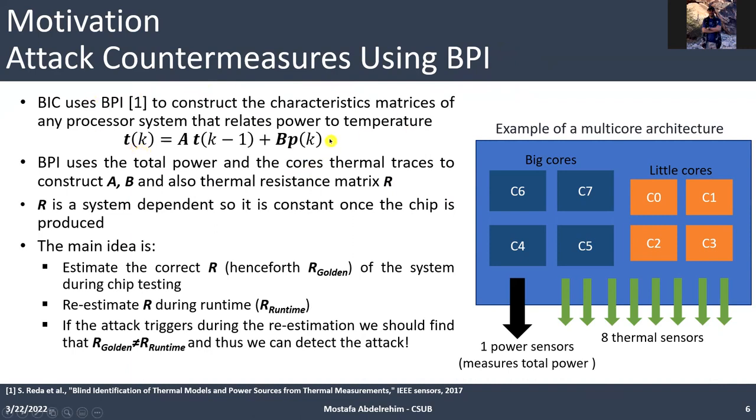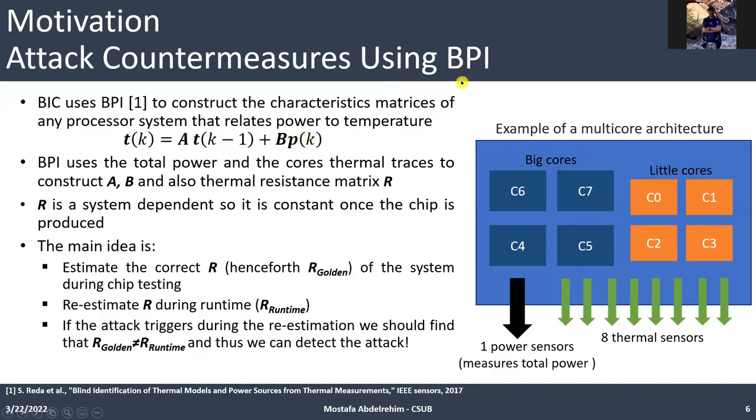Any processor or chip can be characterized using this equation here: T of k, the temperature at time k, equals a constant matrix A, dependent on the system itself, multiplied by T at the previous time, T of k minus 1, plus another constant matrix B, which is also dependent on the characteristics of the system, multiplied by the power at time k.